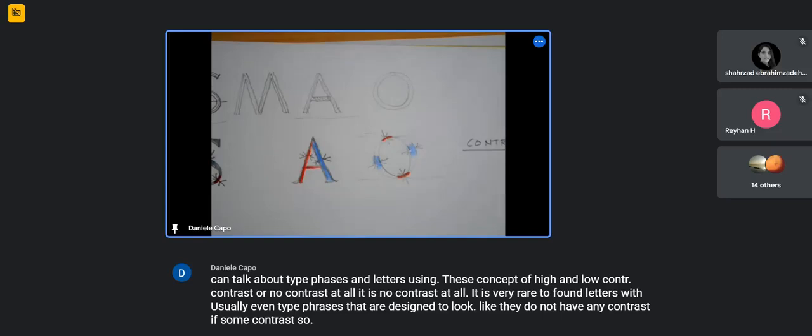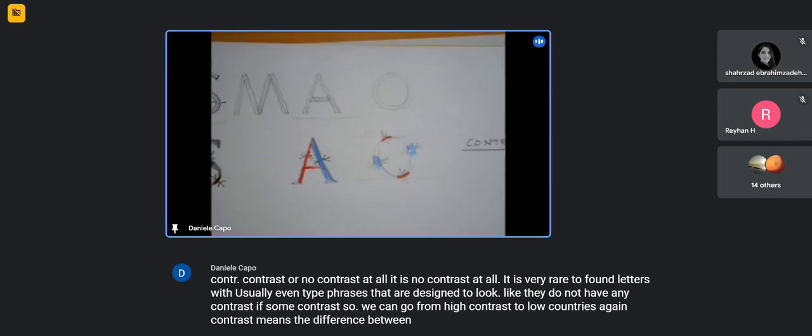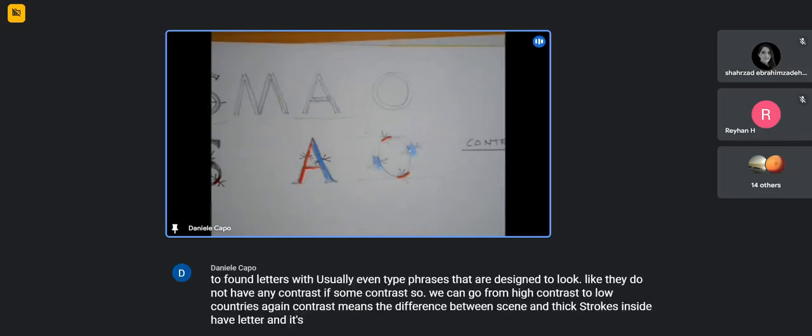So we can go from high contrast to low contrast. Again, contrast means the difference between thin and thick strokes inside each letter, and between letters. Okay.